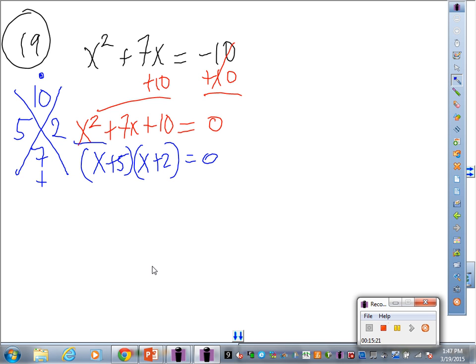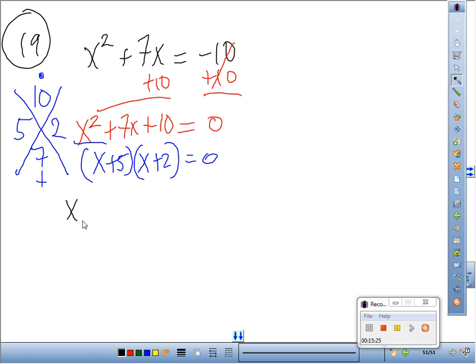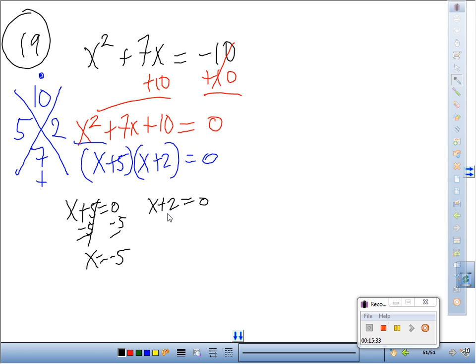All right. Therefore, from there, set each factor equal to 0: x plus 5 equal to 0, x plus 2 equal to 0. Minus 5, x equals negative 5. Minus 2, x equals negative 2. These are my solutions: x-intercepts, zeros, roots.